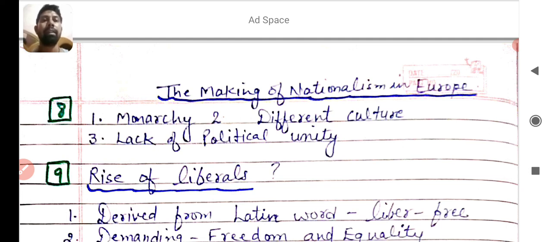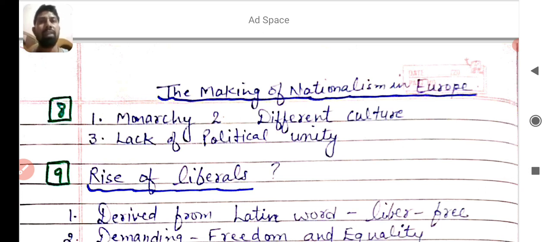And finally, what were the main reasons why people were increasing the idea of nation? You learned some points through the French Revolution, but some major problems were also there, because people were increasing their nationalism in Europe.